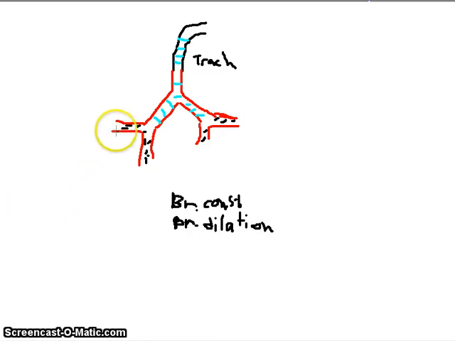Now these bronchioles will give rise to respiratory and then terminal bronchioles. The terminal bronchioles in their turn shall give rise to alveolar sacs.